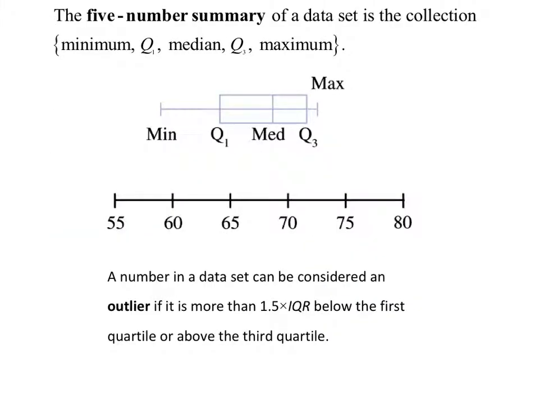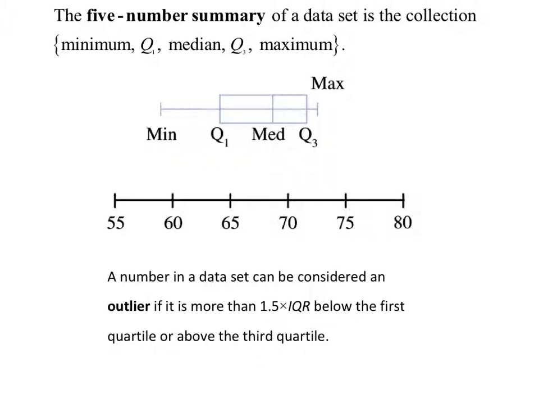So you make a box plot with these 5 numbers. See how you have the minimum, first quartile, median, third quartile, and the box is always made up of those 3 things, and then they connect to the max. A number in the data set can be considered an outlier if it is more than 1.5 times the IQR below the first quartile or above the third quartile.